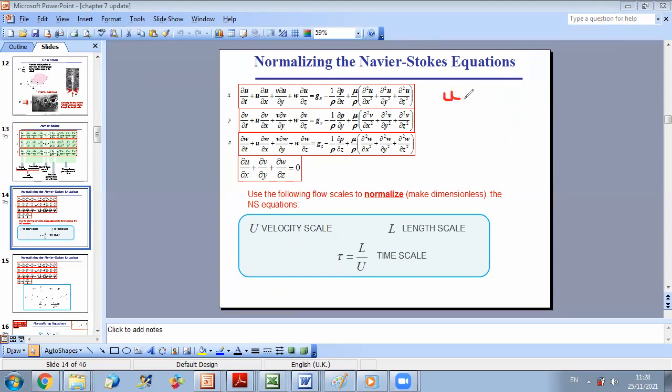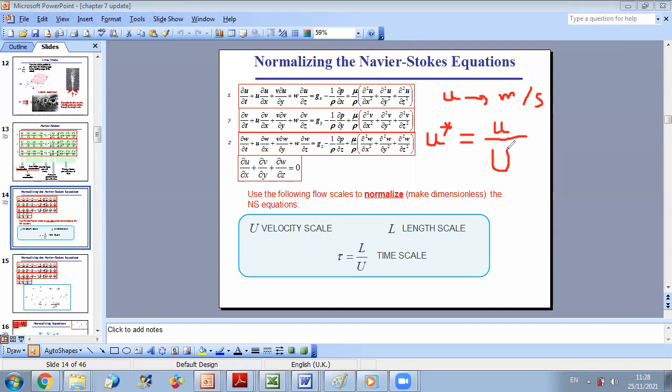Okay, u has the unit of meter per second. If I want to define a parameter related to u that is without dimension, u star, okay, I should say that I can define u star without dimension as u over a characteristic velocity of the flow, which is big U.